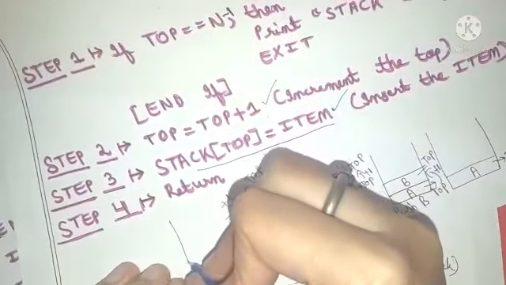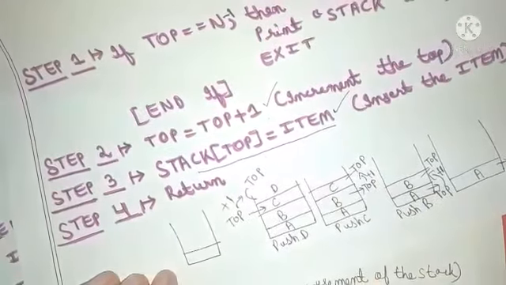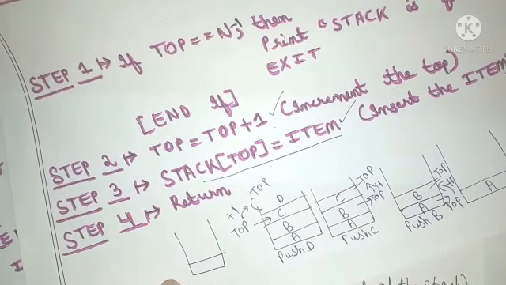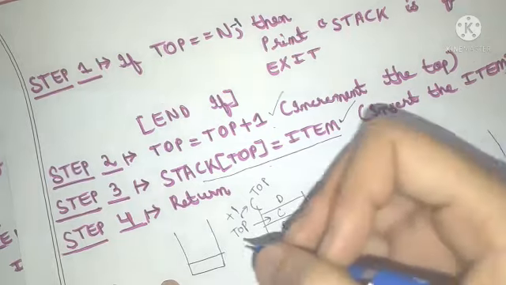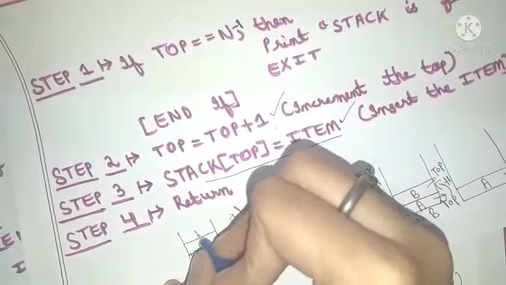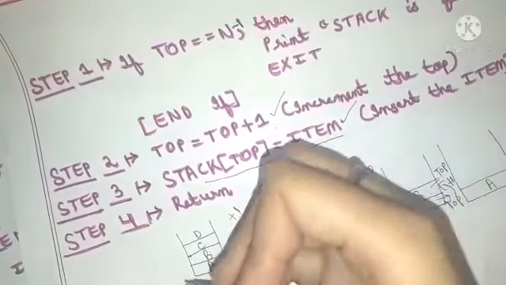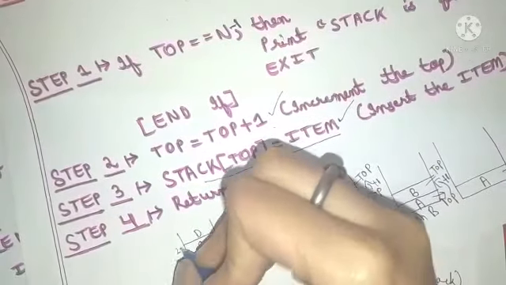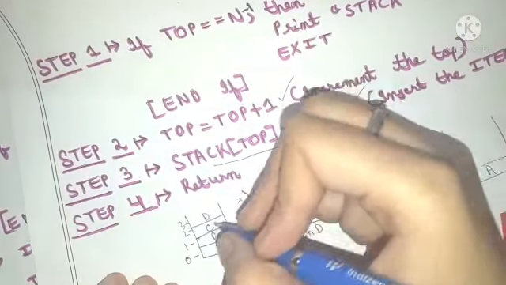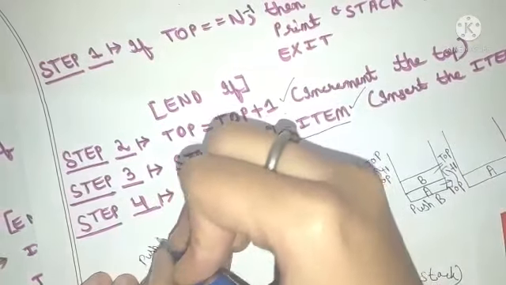Now suppose I have declared the size n equal to 4, that means n minus 1, that is 4 minus 1, 3. Suppose A, B, C, D, my 4 elements, are already inserted. It's a stack, so indexes 0, 1, 2, 3. In this particular case, what will happen if I want to push E again?